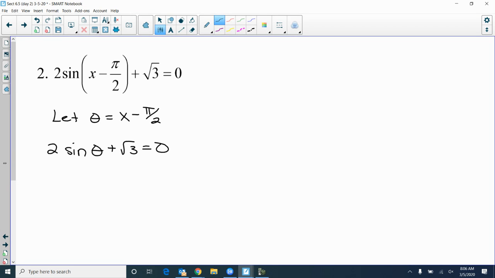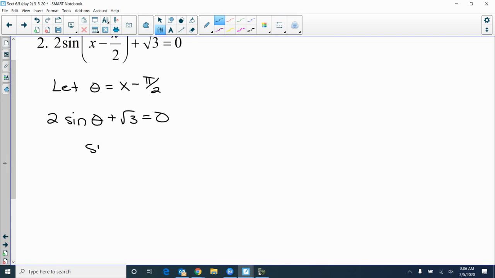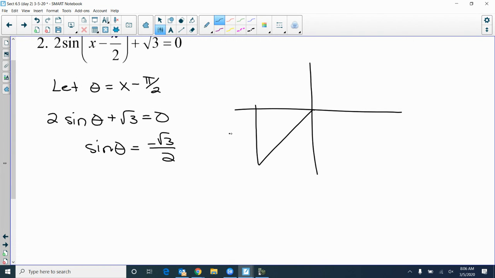Okay, subtract the square root of 3, divide by 2. You're going to get sine of theta equals negative square root of 3 over 2. Sine is negative in quadrant 3 and in quadrant 4. Since it's square root of 3 over 2, the reference angle is 60 degrees.